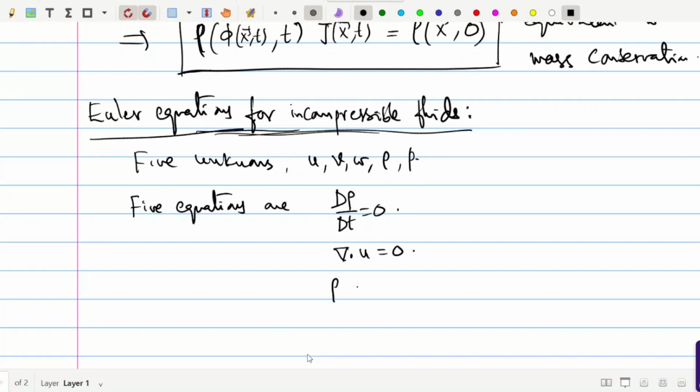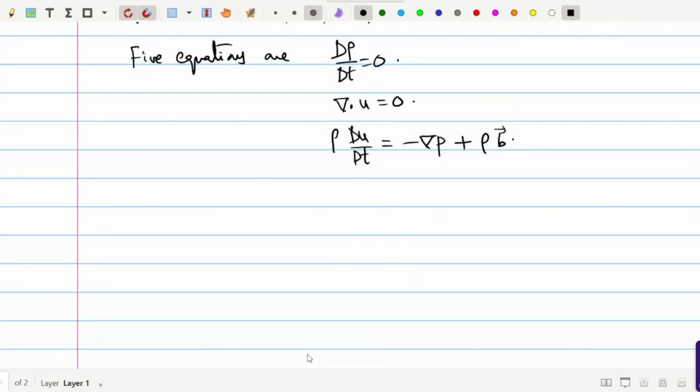The third equation is your conservation of momentum: du by dt equals minus grad p plus rho into the external force. This is conservation of momentum. The first equation itself gives you 2, and these are 3, total 5. This is how you have to take it.